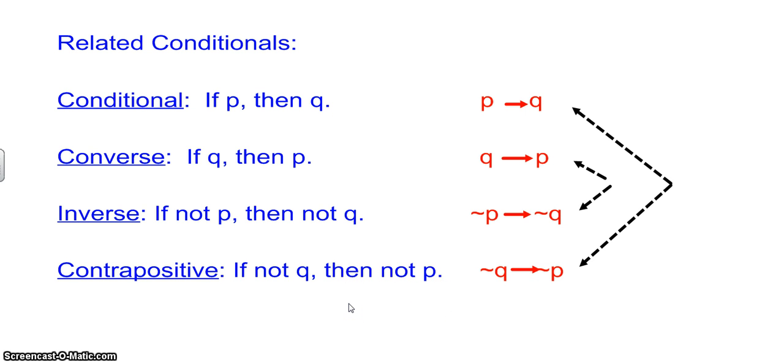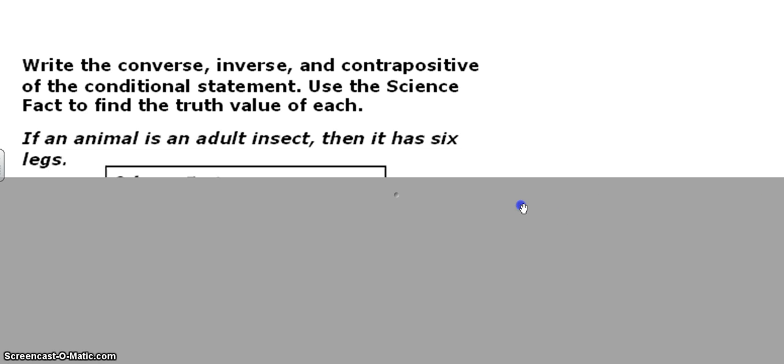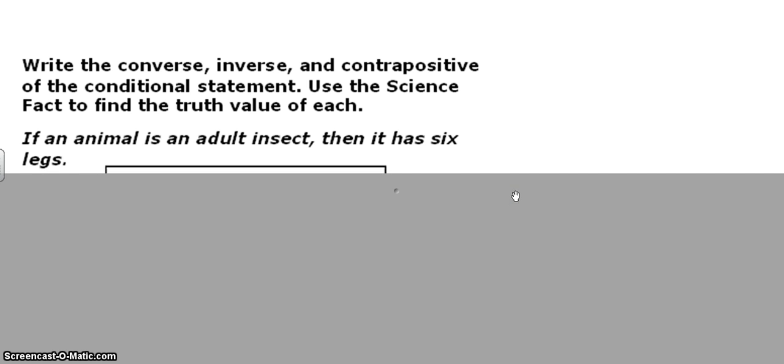Okay, so you're going to be asked today to write the converse, inverse, and contrapositive of given conditional statements. So this little diagram is important. You need to know these. Let's write the converse, inverse, and contrapositive of the conditional statement given. Use the science fact to find the truth of each.